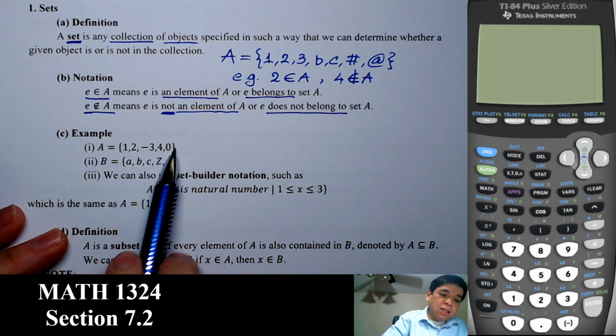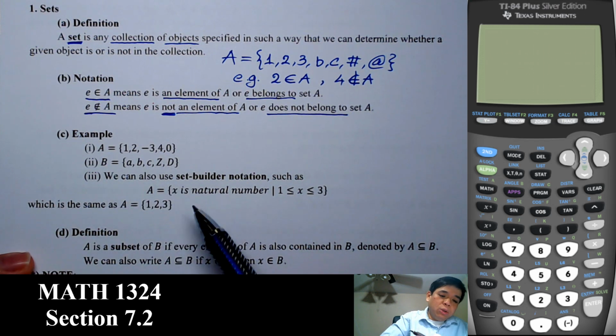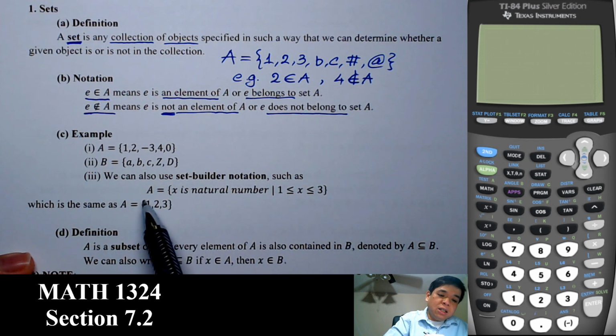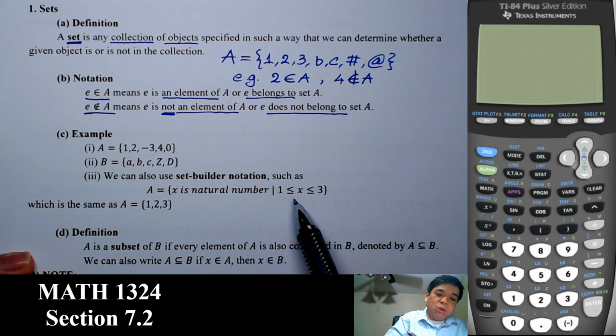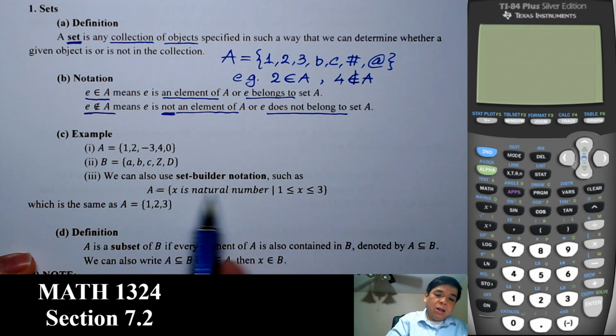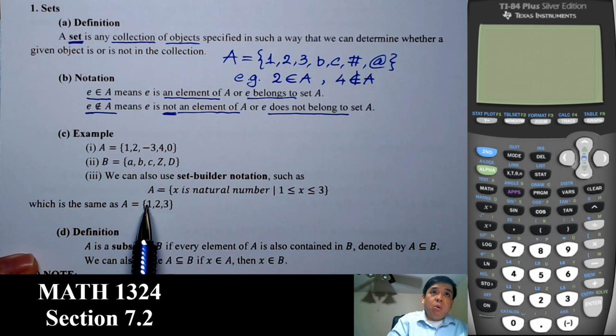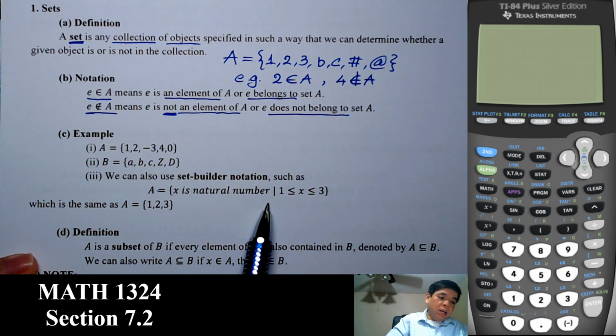Here are some examples of sets. Set A is this, set B is this. We can also use the set builder notation such as this to write x is a natural number between 1 and 3, including the 1 and the 3. So this or this will be the same. Either we write the description in the set builder notation, or we write A listed out. The vertical bar here means such that.